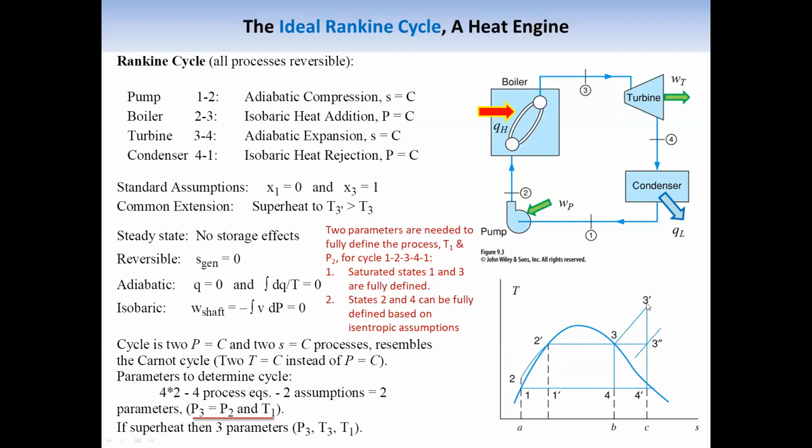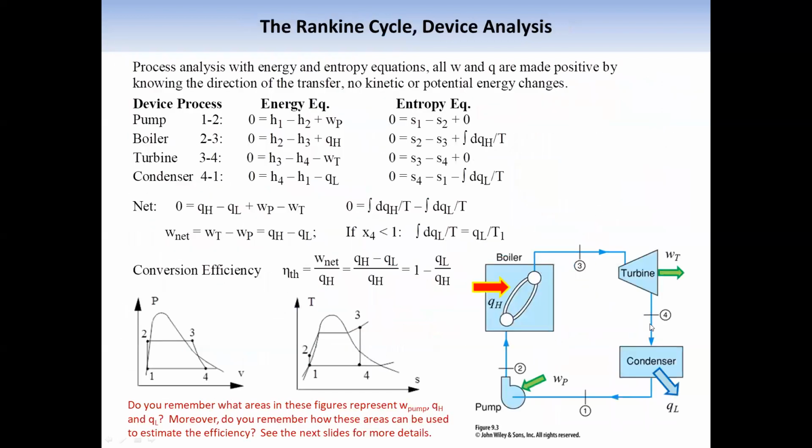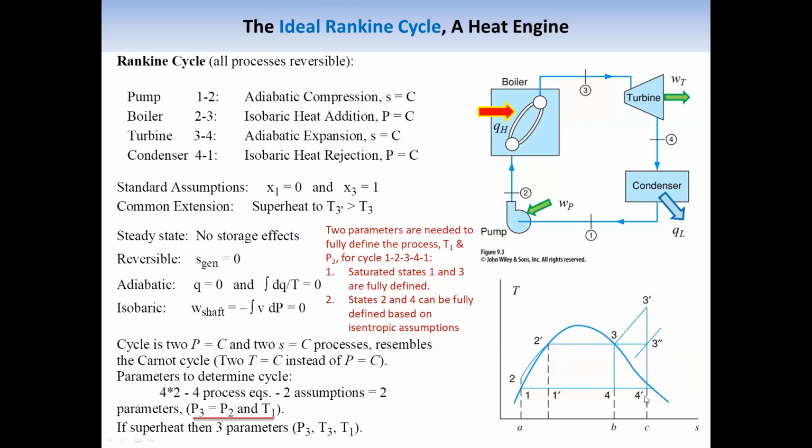Then it will do more work on the turbine side. If the exiting stream from the turbine is a two-phase fluid, then it's located somewhere on a horizontal line like this. So the complete cycle will be 1, 2, 2 prime, 3, 3 prime, 4, and a return to 1.